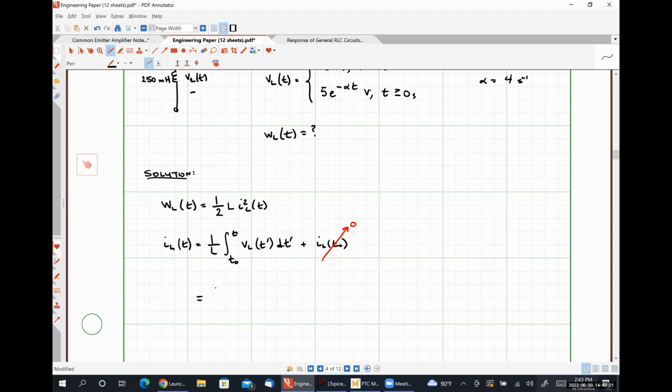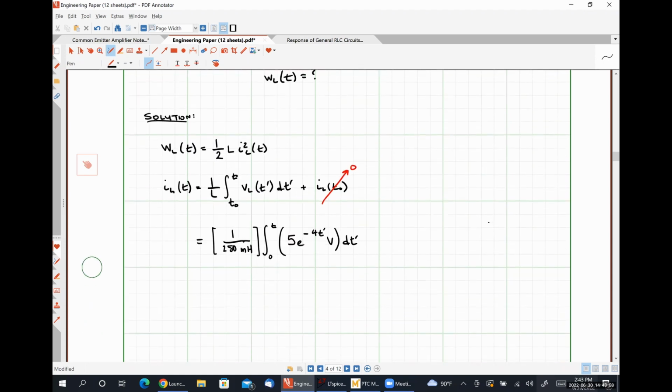So we have 1 over L. So that's 1 over 250 millihenries times the integral from 0 to T of 5e to the minus 4t volts, t prime here, sorry, dt prime.